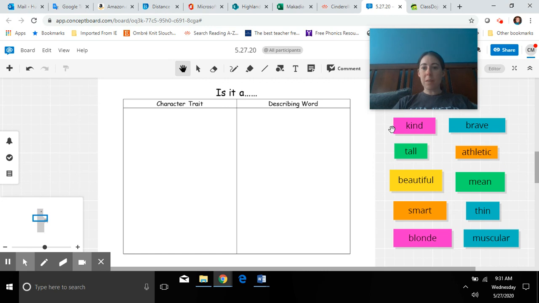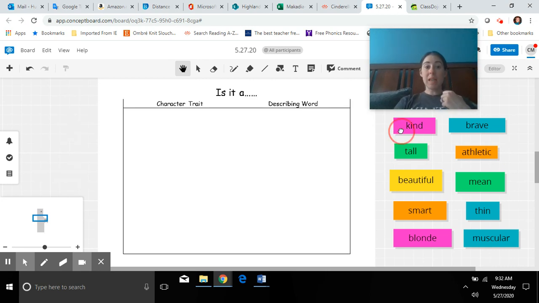Let's start with the top word, kind. Can you see if someone is kind with your eyes? Can you look at a stranger and say, they are kind? Yes or no? Probably not. You can tell a person is kind by noticing what they say and what they do.